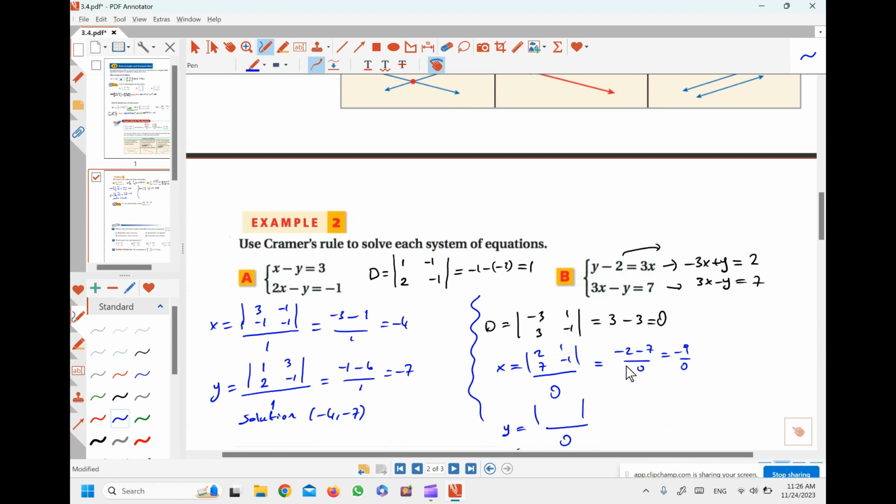In order to find y, write the coefficients of x's first, negative 3, 3. In place of the coefficient of y's, we will write the constants, 2 and 7. Compute the determinant. Negative 3 by 7, negative 21, minus 3 by 2, 6, over 0, negative 27 over 0. So in both, we have a number over 0 condition. Neither of them has a 0 over 0 condition. So they're undefined. So we will basically say there is no solution.